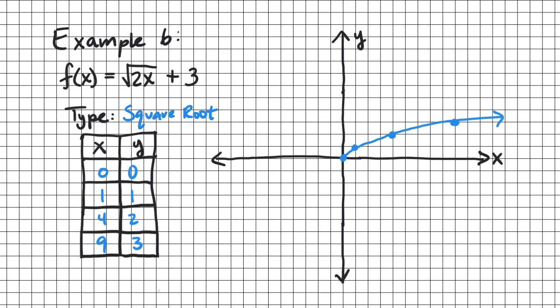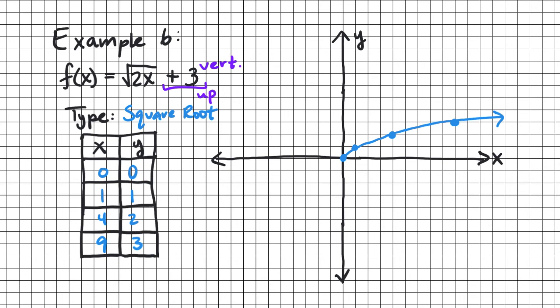Okay, let's see what's happening in here. Well, the plus 3 is outside, so we know that this is a vertical translation telling us to go up 3 units.